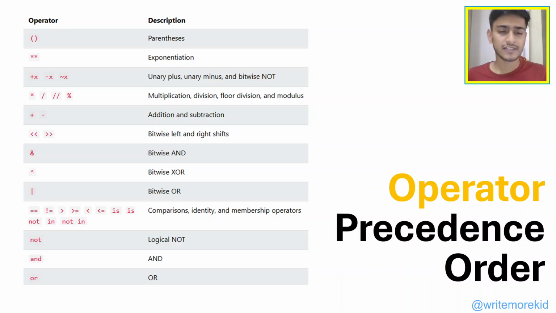I was telling you that exponents are the only operators which start operating from right to left, whereas the remaining operate from left to right. We will go through certain examples for it.